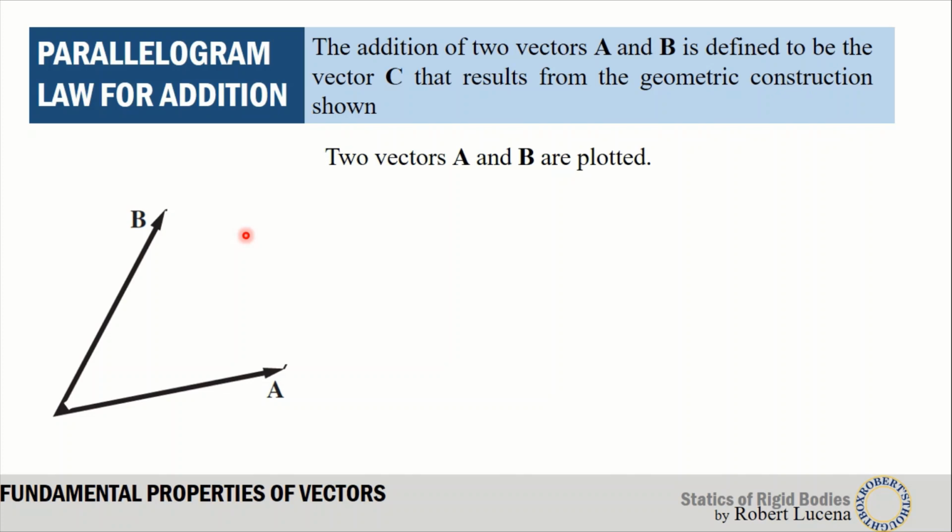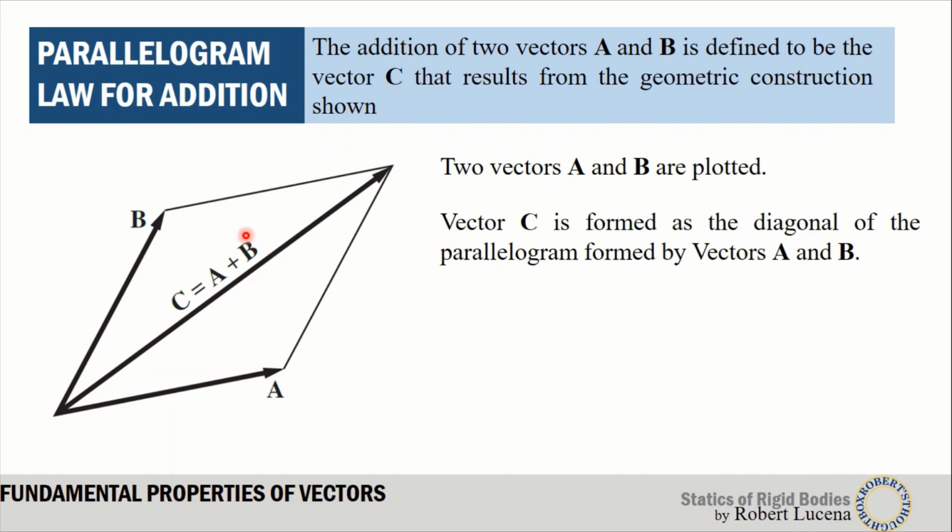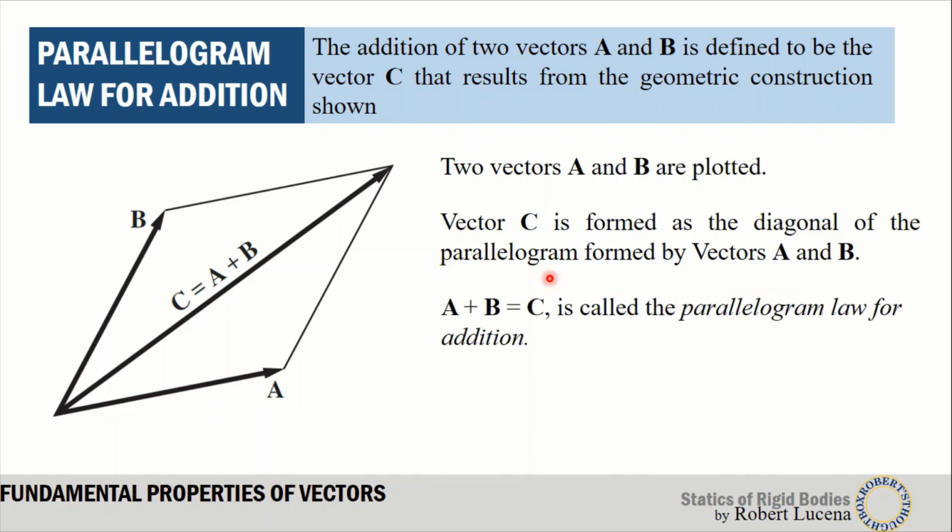So these two vectors are arbitrarily plotted, and to get the sum of the two vectors, represented by C, this will be the diagonal of the parallelogram formed by vectors A and B. Therefore, if vector C is the sum of A and B, we have A plus B equals C. And the way to determine the value of C is by the parallelogram law for addition.